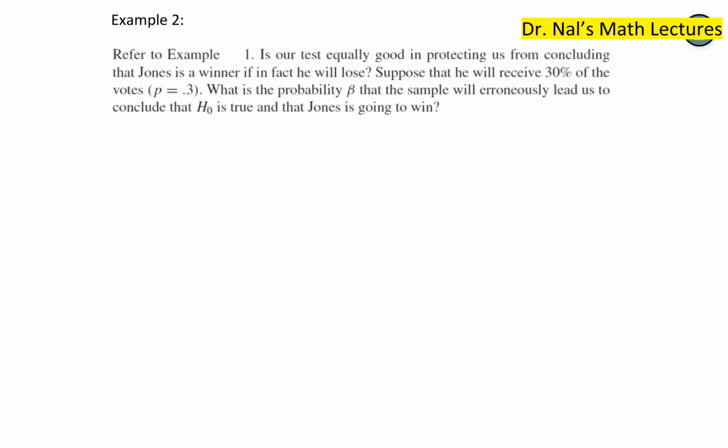Suppose that in reality he will only receive 30% of the votes. What is the probability that the sample will mislead us, and we will conclude that the null hypothesis is true and Jones is going to win, whereas the reality is totally different?